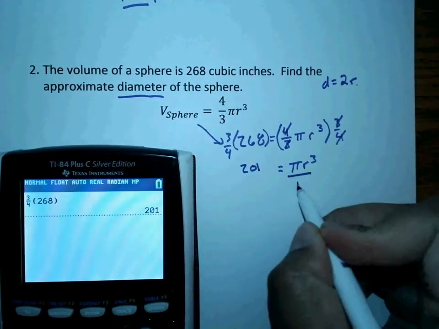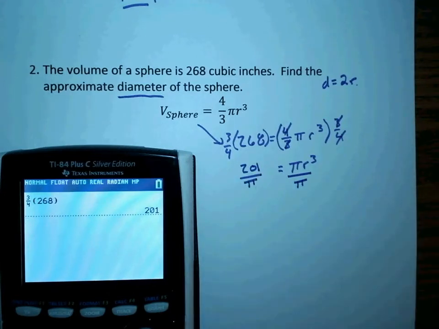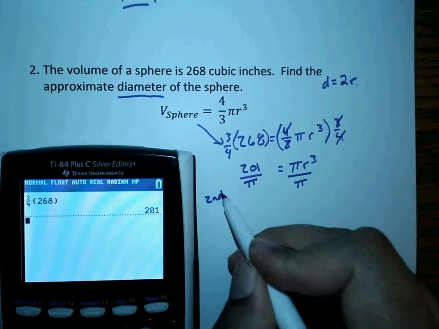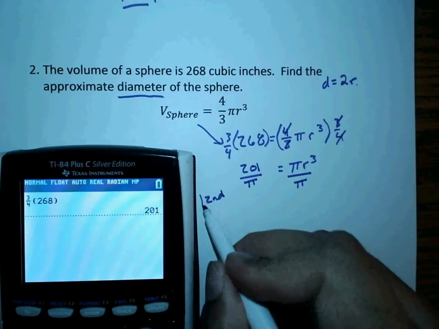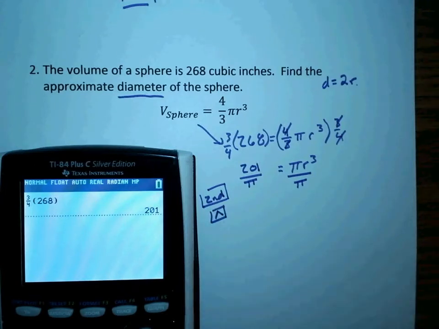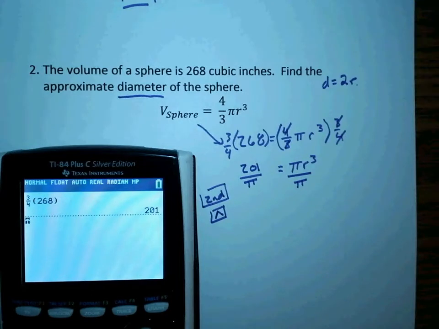I want to get rid of pi. So I'm going to divide by pi. And remember, to get the pi key, you can hit the second and then the caret. And that's above the division symbol. So second. Oh, let me put in my 201 first.